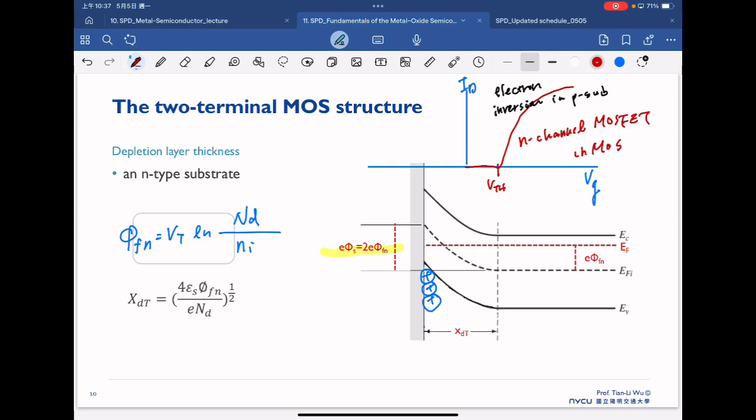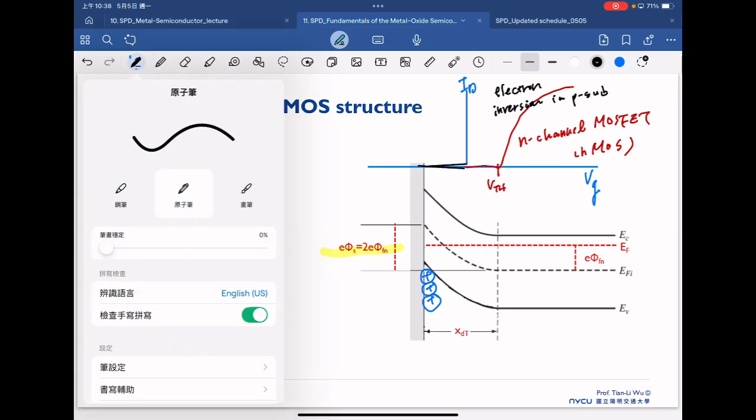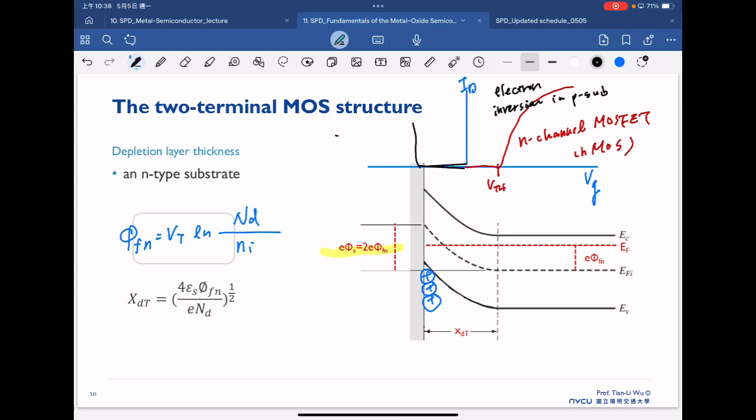NMOS. But considering the N-type, we have the same characteristic. Once we apply enough negative bias, then we start to see the current increase, where we have the hole inversion in the N substrate.